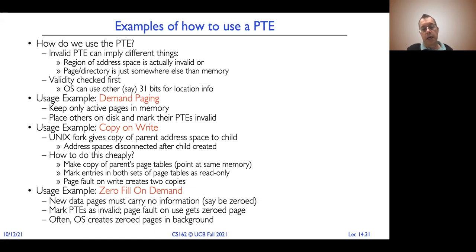Another use case here is zero fill on demand. Say you allocate 10 gigabytes of memory, and you want to initialize it to 0. That initialization alone can take many seconds. So you don't want to pay that overhead at allocation. Instead, you can do zero fill on demand.